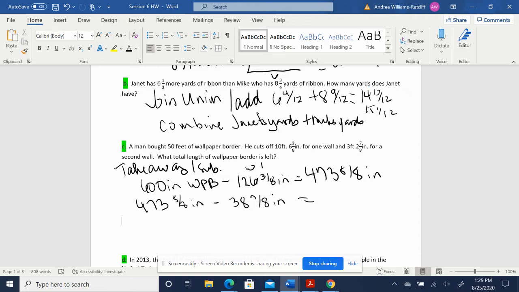Now I need to remove 7/8 of an inch. Well, I have 5/8. There's that fraction part. So that gives me 5. So I need another 2/8 of an inch from a whole. Okay, so that's going to give me 434 6/8, or if you simplify it, 434 3/4 of an inch left in this situation.